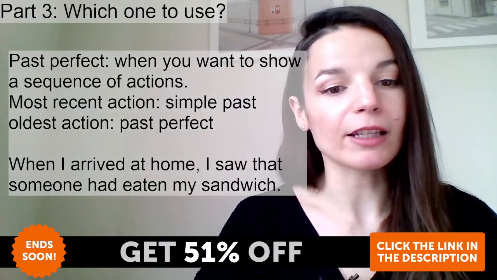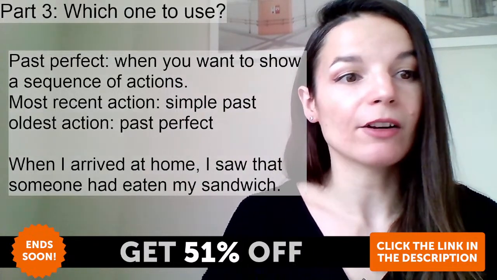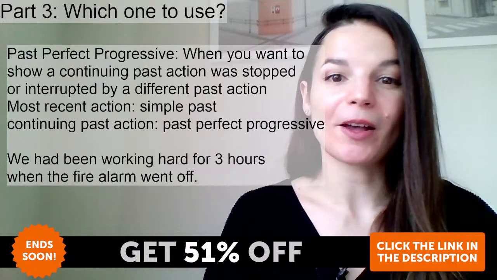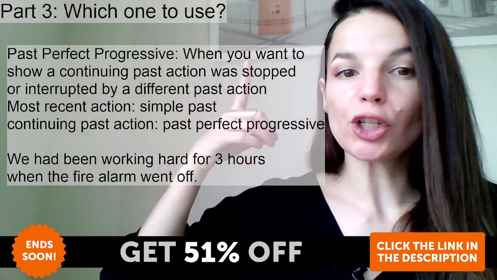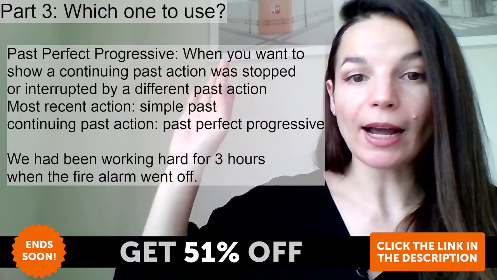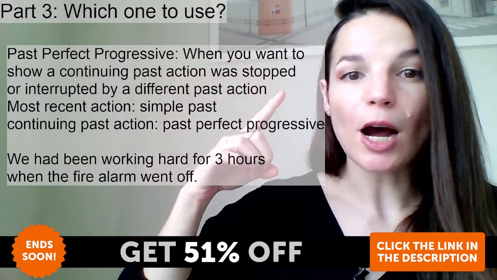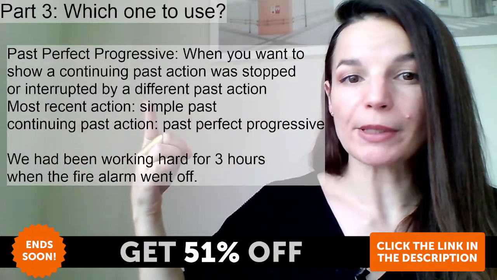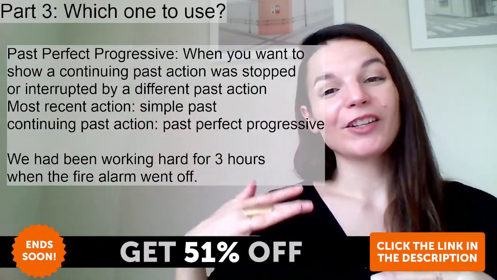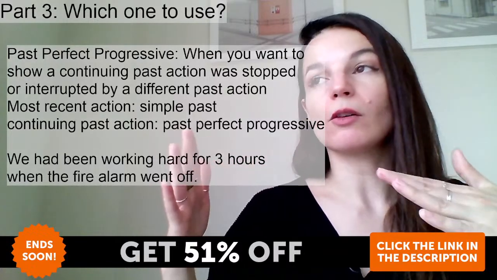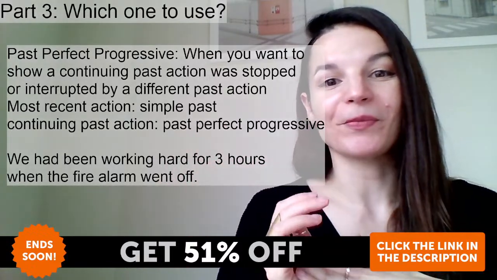All right, and finally, what's the guide for past perfect progressive then, okay? We use past perfect progressive when we want to show a continuing past action that was stopped or interrupted by a different past action. This one is really tricky to use, but we use it for storytelling a lot, okay?